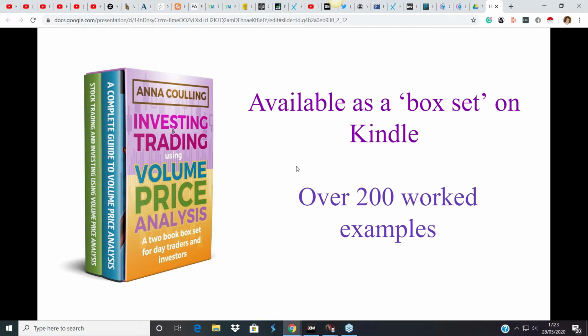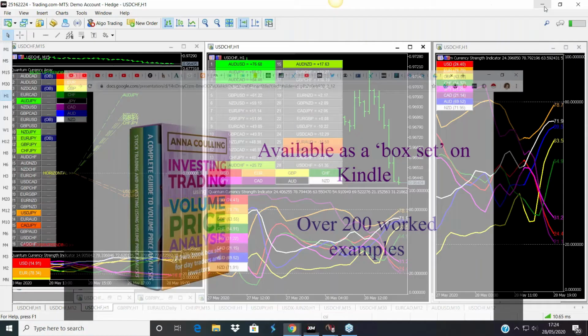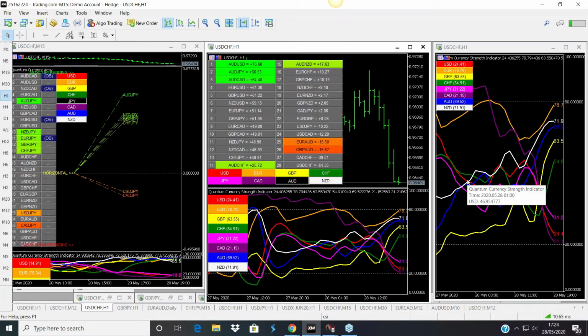What I've also done with the books is the volume price analysis book has a companion where there are worked examples of this methodology, because this is a market of patterns. Things repeat. What you see one day, you may see in another instrument a few days later.